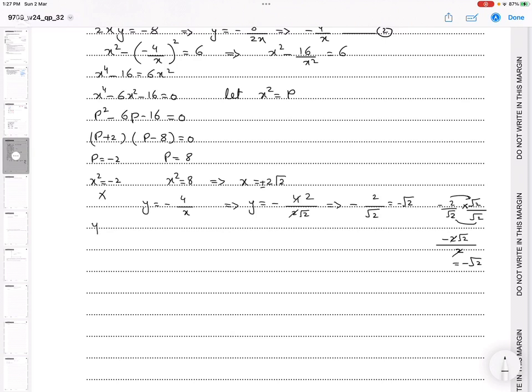And again write y is equal to negative 4 over x. Now place negative 4 over x, you write minus 2 root 2. So negative signs cancel each other out, and 2 times 2 is 4, so you get 4 over 2 root 2, which when rationalized you can write positive square root 2.